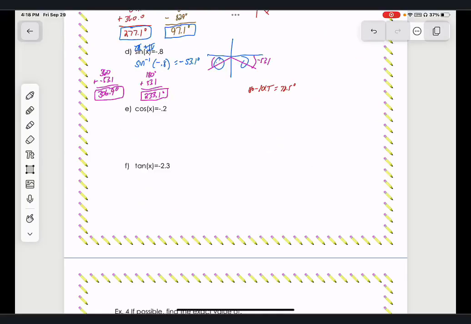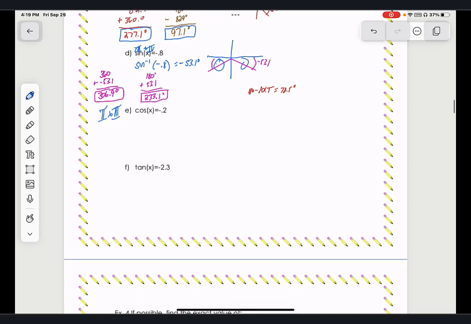So in our next problem, we have the cosine of x equals negative 0.2. So with that, we know that the angles must be in quadrants 2 and 3. Since the cosine is negative, it's going to be to the left of 0. Let's go ahead and plug this into our calculators.